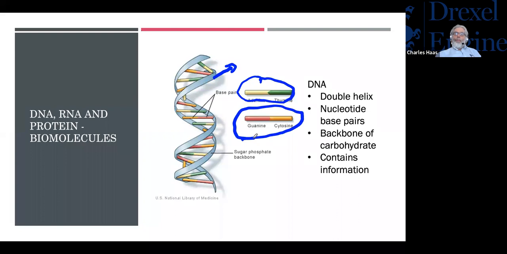Those two sets of bases are complementary to each other. For every adenine, there's a thymine. For every guanine, there's a cytosine. Which essentially means that each one of those strands, if we were to pull the helix apart, contains the same information. So there's redundancy.